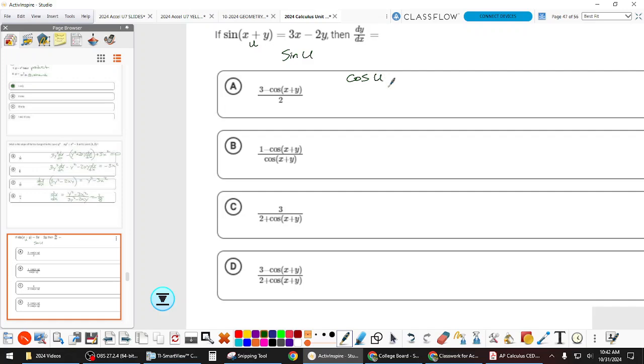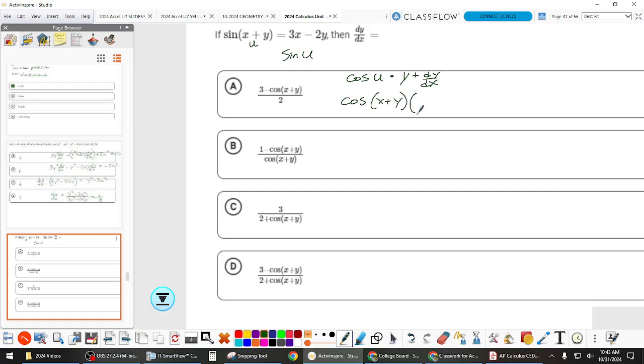And do we need a dy dx there? Well, we're differentiating the sine with respect to x plus y. So it's okay. Anyway, so cosine of u, and then do the inside, so times 1 plus dy dx, 1y, so just y. And then cosine of x plus y.